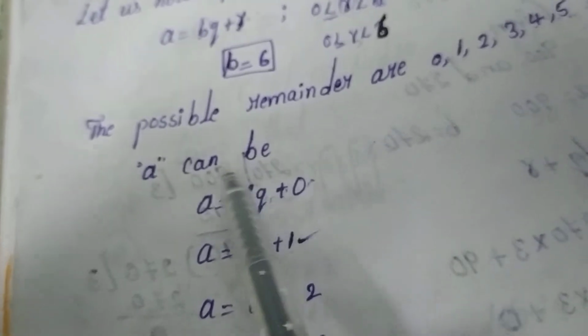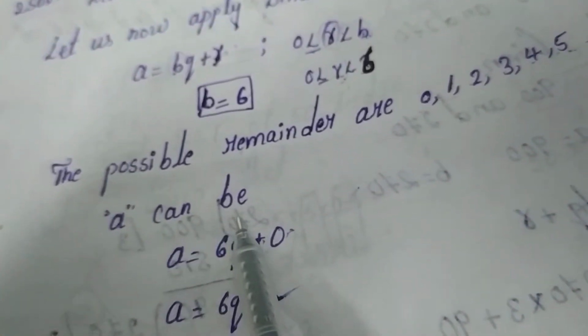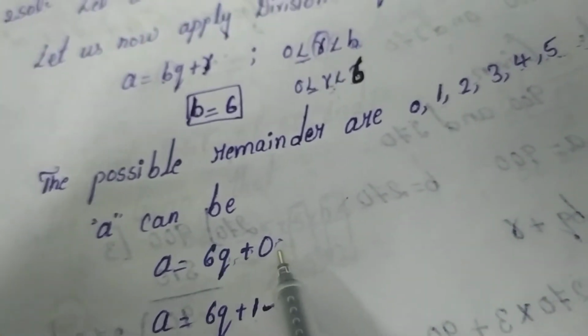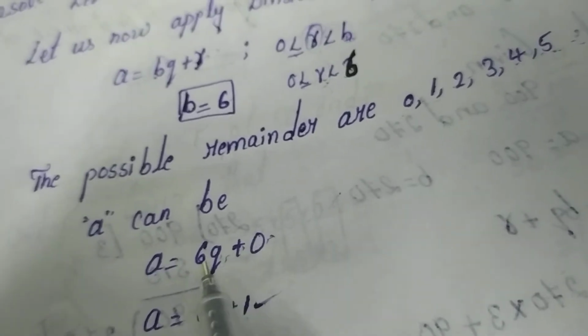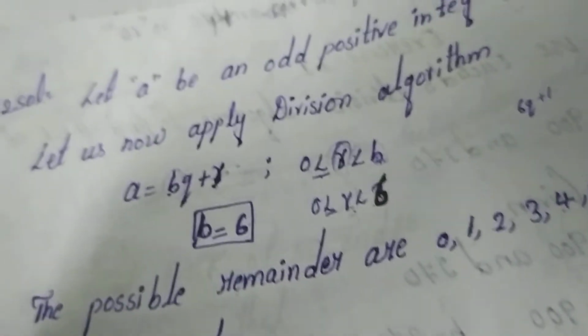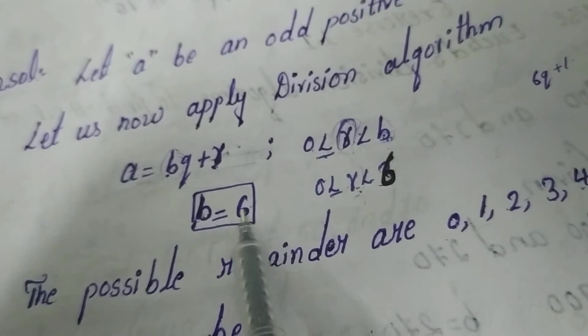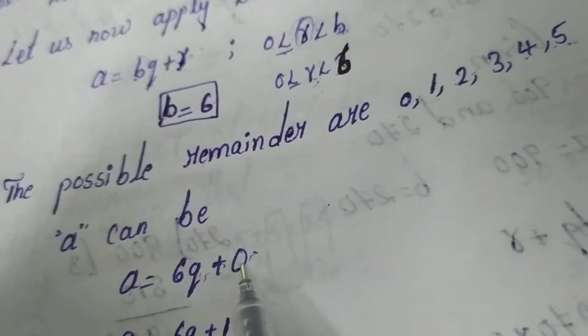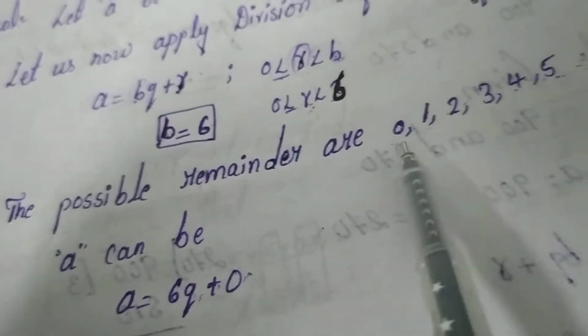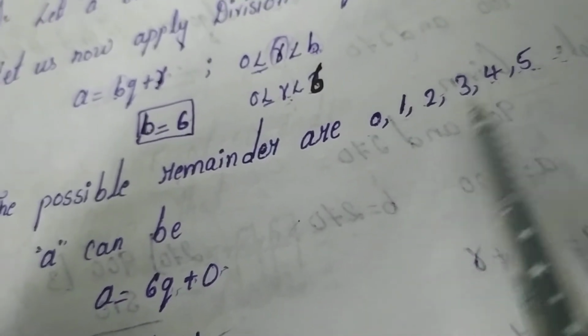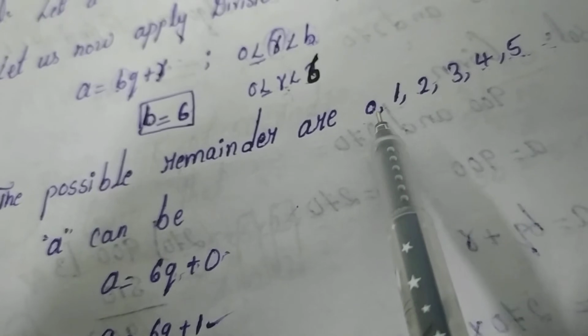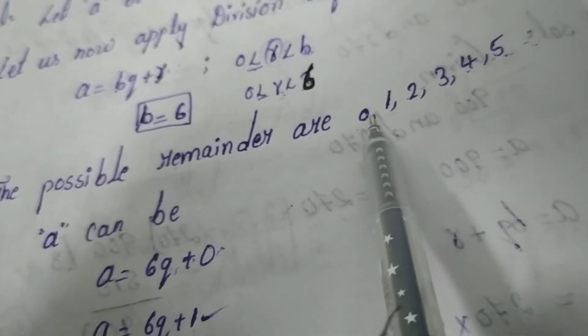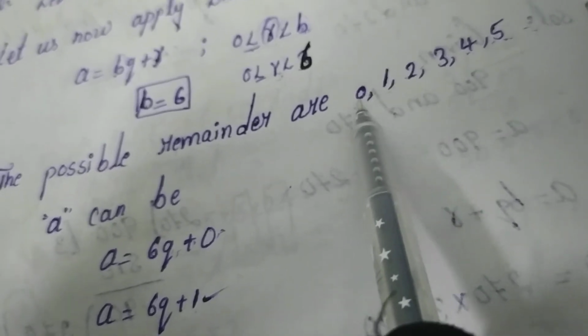A can be written as a equals 6q plus r. In the question we have 6 in place of b, so 6q plus r. We have 6 remainders, so one by one we write them in the form of the Euclid division algorithm. a equals 6q plus 0.